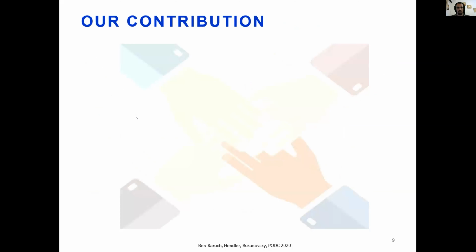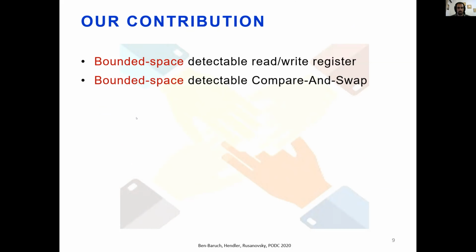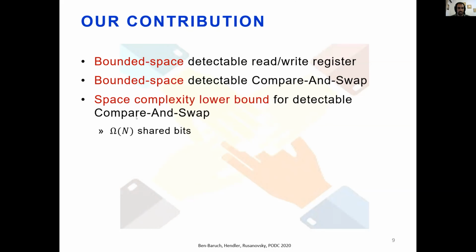In this work, we provide a negative answer to the first question, presenting the first bounded space detectable read-write register implementation. We also present a bounded space detectable implementation for compare-and-swap. In addition, we prove that the space complexity of our compare-and-swap implementation is asymptotically optimal by presenting a matching lower bound of omega(n) shared bits for any detectable compare-and-swap implementation.